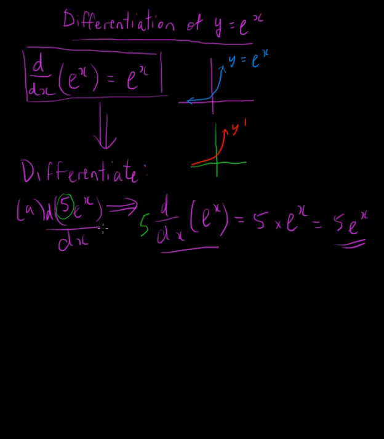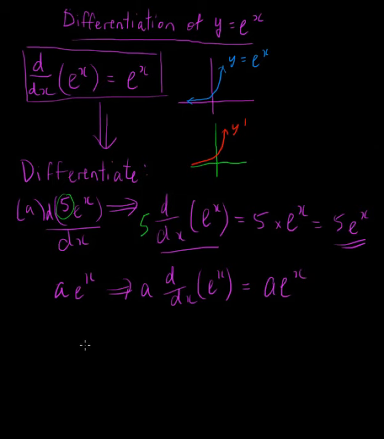And if we take away the 5 and use any number, say a, so a e^x, if I differentiate that, I can do the same thing here. This is the same as a times the differentiation of e^x, as long as a is a constant. And so what we get is a e^x.